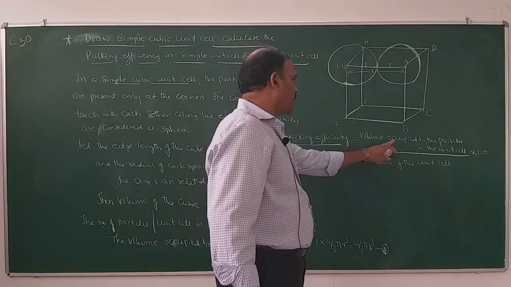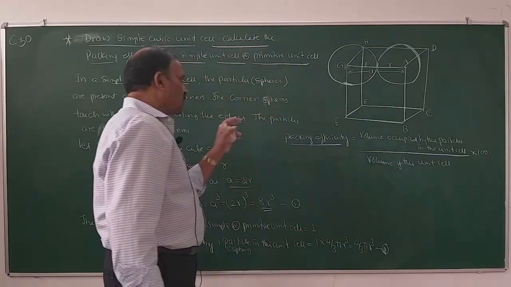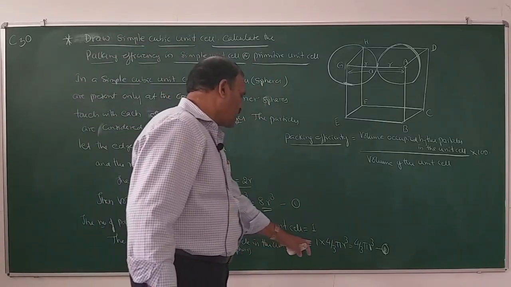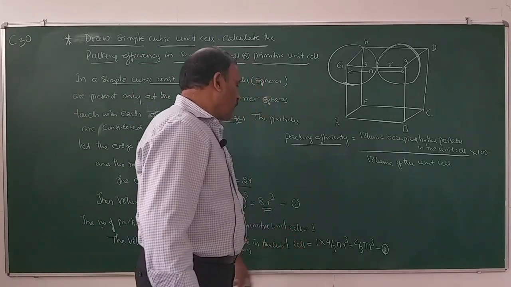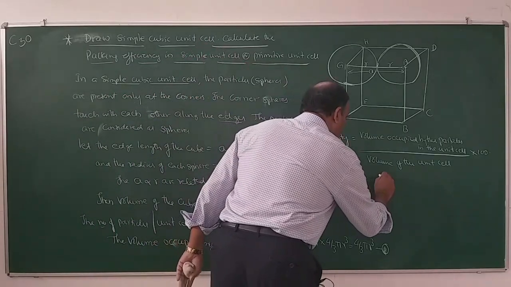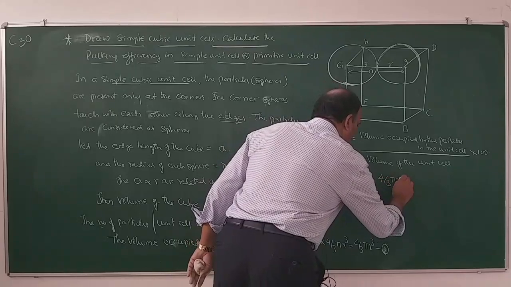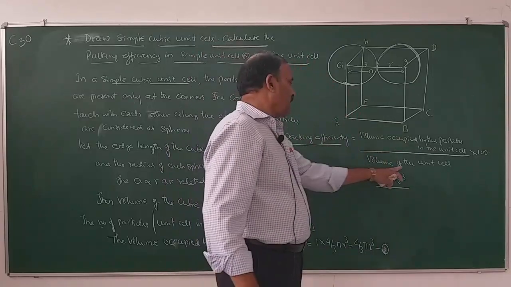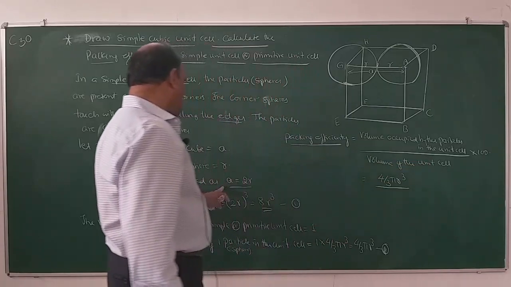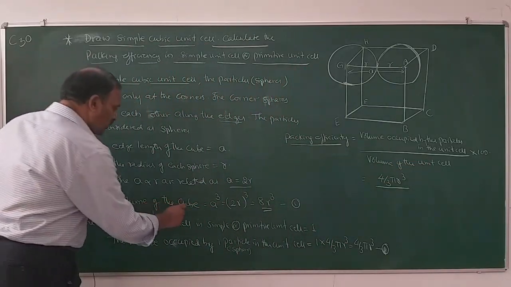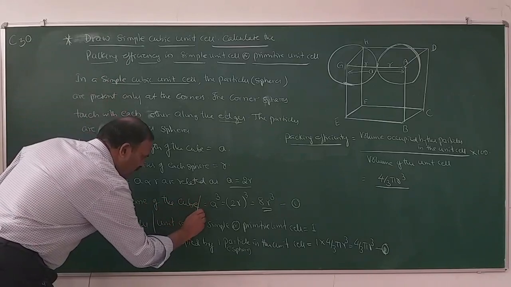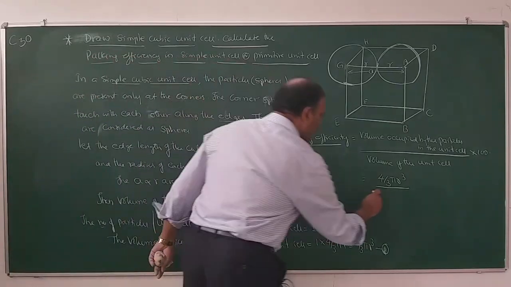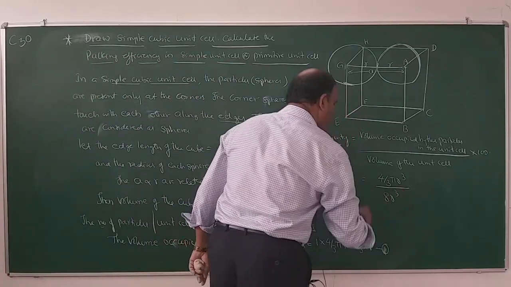Volume occupied by the particles in the unit cell: the number of particles in the unit cell is 1. The volume occupied by one particle is equal to 4 by 3 pi r cube, divided by the volume occupied by the unit cell. The volume of the cube or unit cell is equal to 8r cube.